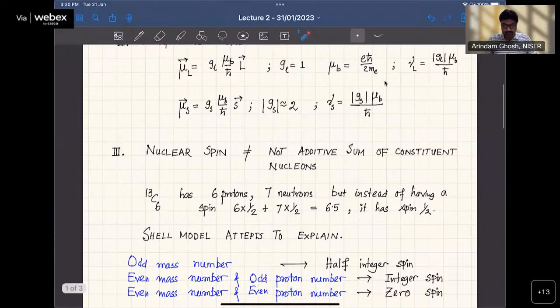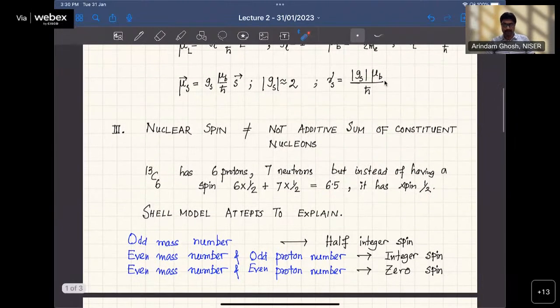What does it mean? For example, take 13C6, this particular isotope of carbon, which has 6 protons and 7 neutrons. All 6 protons have spin half, all 7 neutrons have spin half. So technically we might say, let us simply add them up: 6 multiplied by half plus 7 multiplied by half should give you 6.5 as the spin. But no, this 13C6 has only spin half.